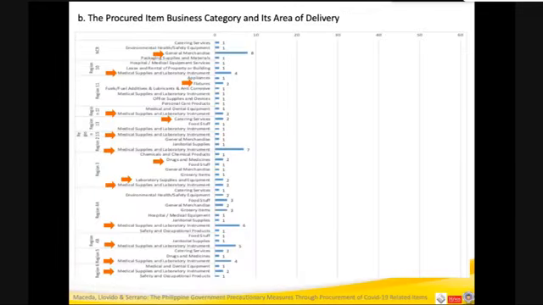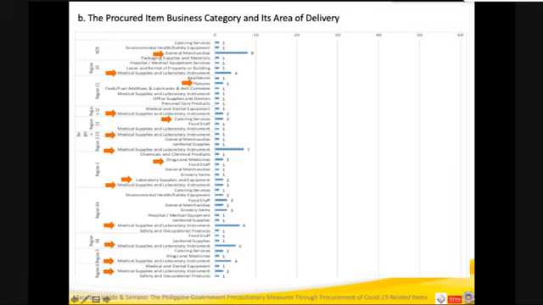For the another one is the procured items business category and its area of delivery. So based on the area of delivery, we actually summarized the procurements. So this shows that NCR purchased more on general merchandise. Region 10 is on medical supplies. Region 11 is fixtures.